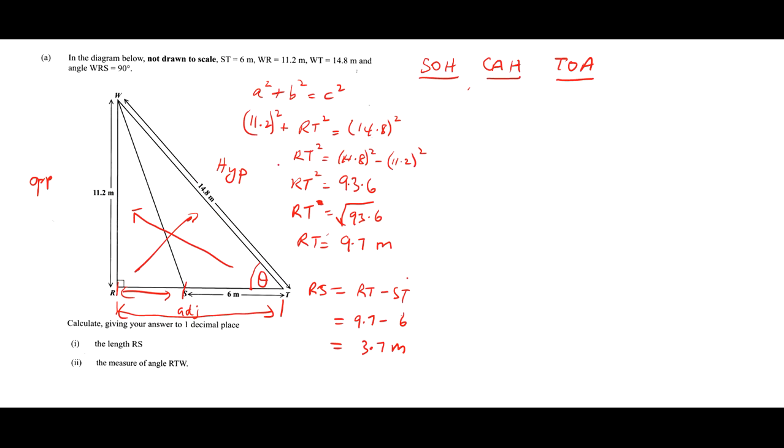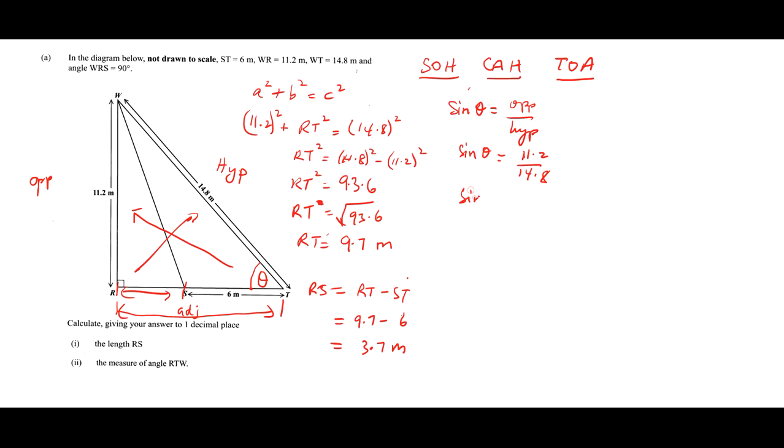So we have opposite and we have hypotenuse, so therefore we can say that sine theta is equal to opposite over hypotenuse. So sine theta is equal to opposite, which is 11.2, and the hypotenuse is 14.8.